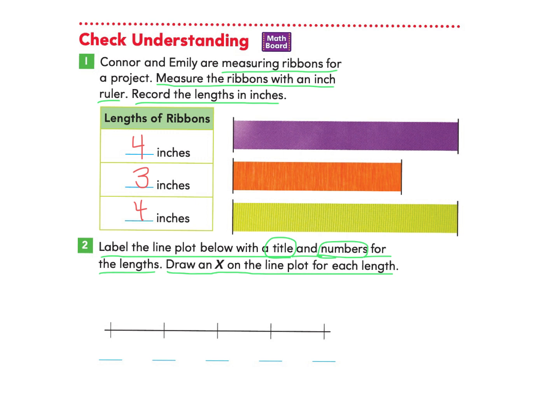First, we need to have a title for this line plot. What should the title be? If we go up to our table, we see that there already is a title right here, lengths of ribbons. So I am going to write lengths of ribbons for the title of my line plot right here. Great.